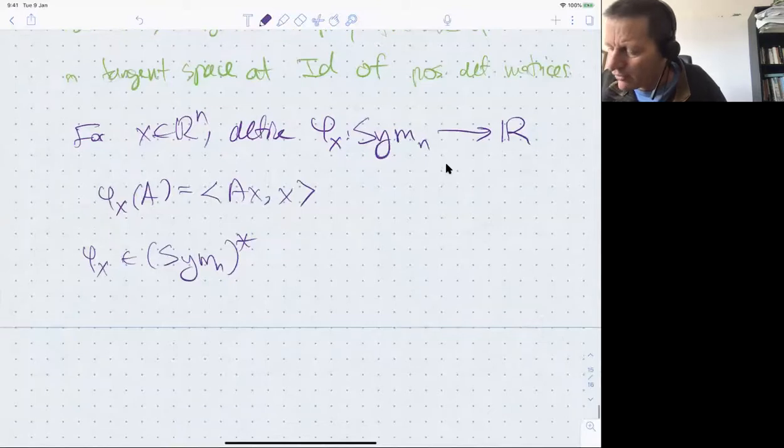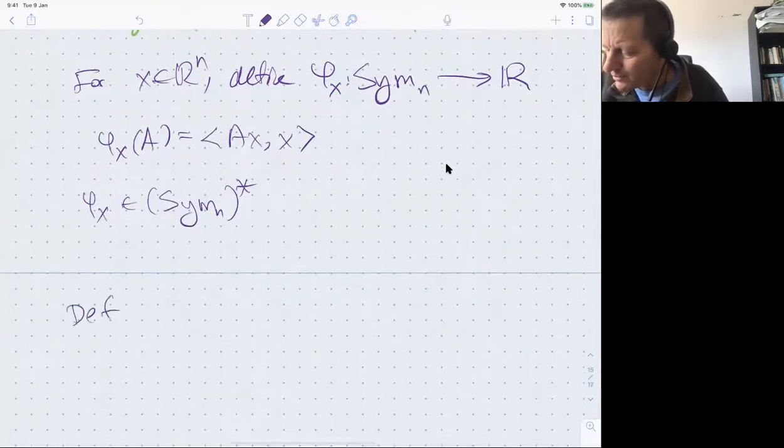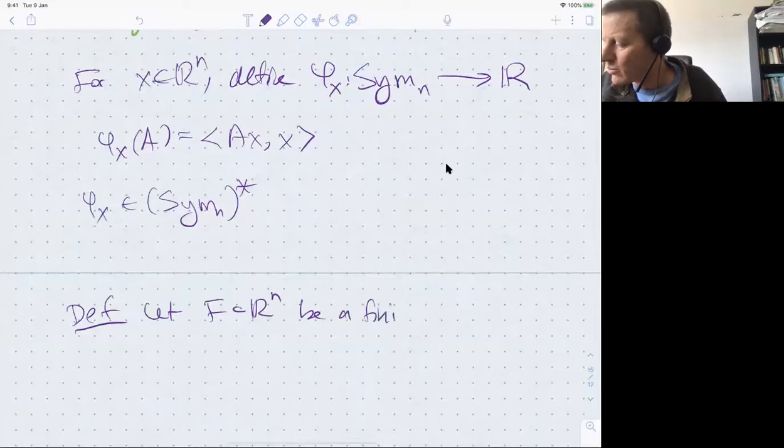And now we can finally define perfect. So definition. First, we define a notion of a perfect collection. So let F be some subset of R^n. It doesn't have to be finite.